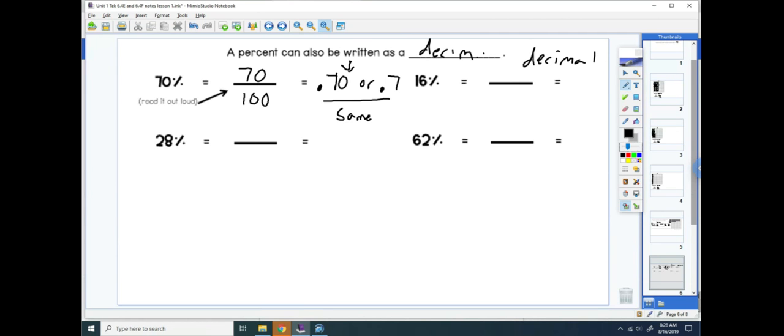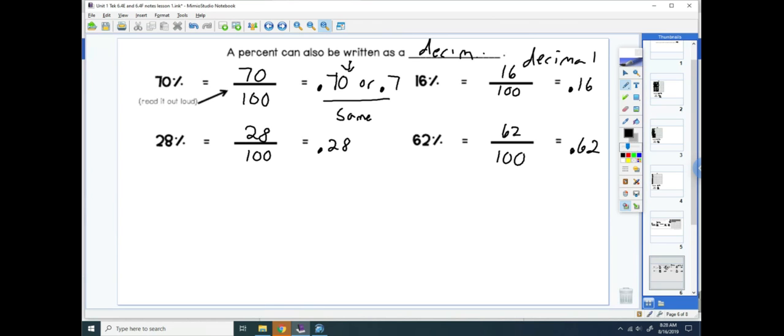Okay, so 16% is 16 out of 100, or 0.16. 28% is 28 out of 100, or 0.28. Same thing for 62%: 62 out of 100, or 0.62.